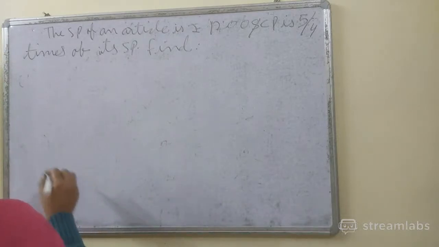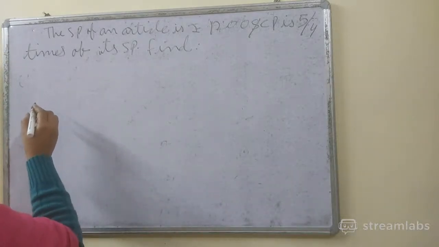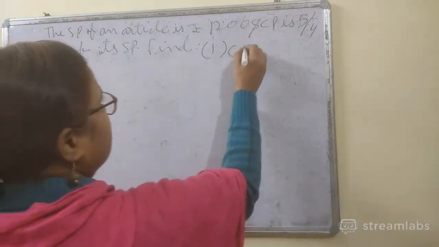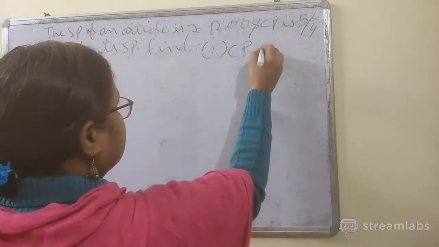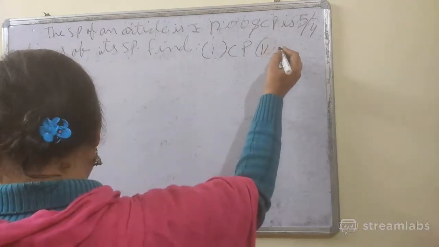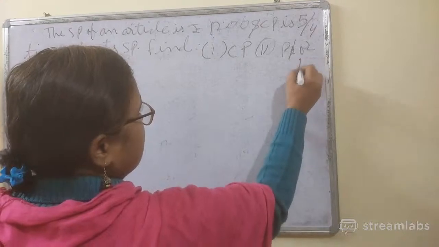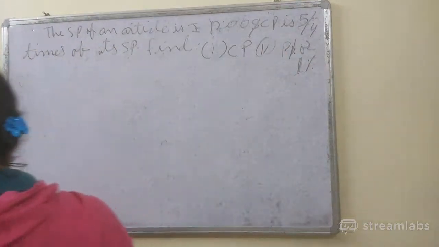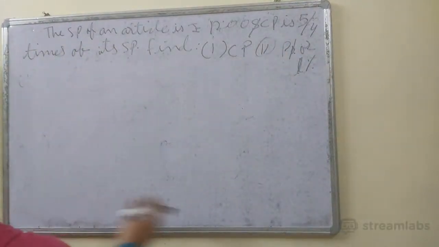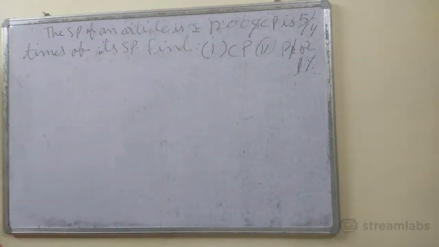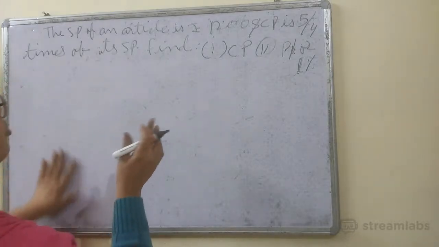First you have to find the CP of the article. Clear? First you have to find the CP, and second you have to find the profit percent or loss percent. So first you have to decide whether it is a profit percent or a loss percent. Clear? So SP of an article is given 1200 and CP is given 5 by 4 times of SP.